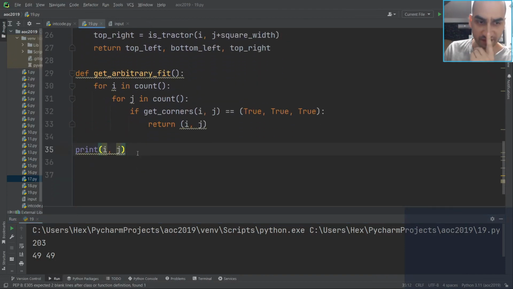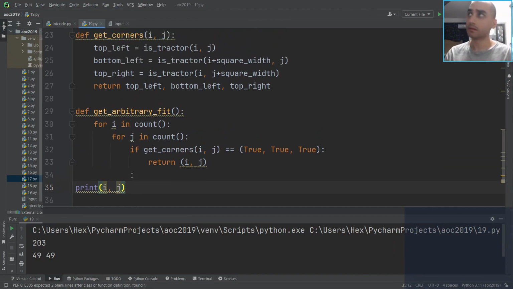So it's saying a square fits in 4949. Wait, isn't that the answer then? Because there couldn't possibly be a square at an earlier i value, or we would have found it. Oh, wait. Not quite true.